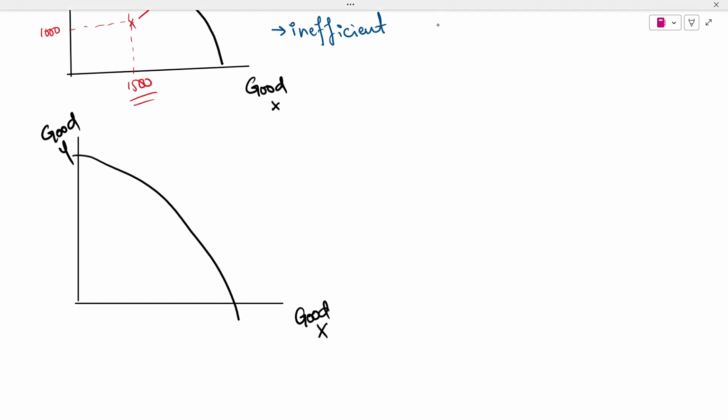And suppose that I have 2 points, A, where I am producing 2000 of good Y and 1000 of good X, and I have another point B where I am producing 1700 of good X and 1000 of good Y. So any point that is on the PPC, as we talked about earlier as well, represents full employment.